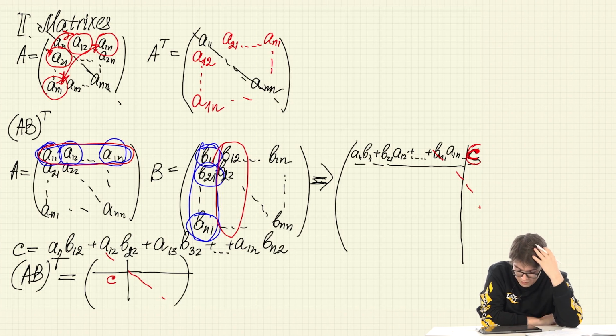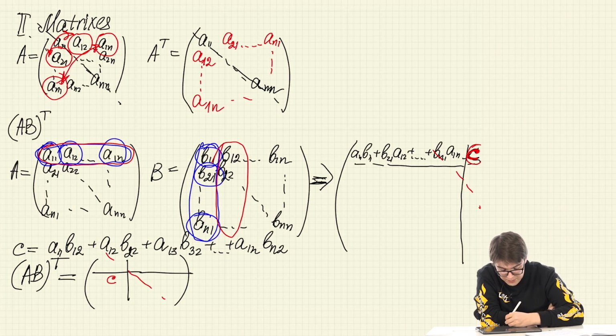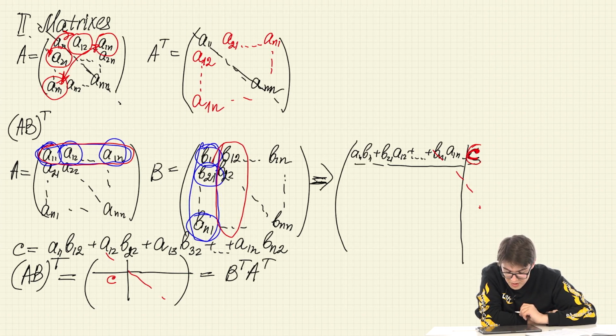So we should think how to obtain such a result for C by various combinations of the A matrix, the B matrix, their transposed results, and how to combine them. I think it would be quite obvious that it's nothing but B transposed over A transposed.